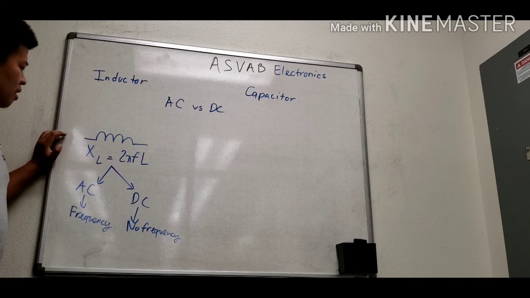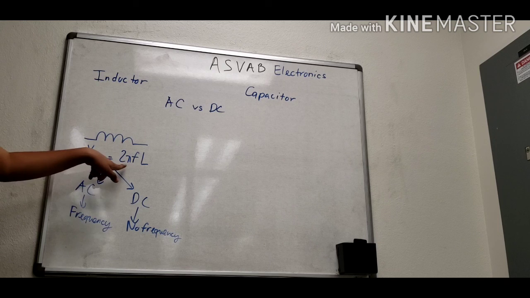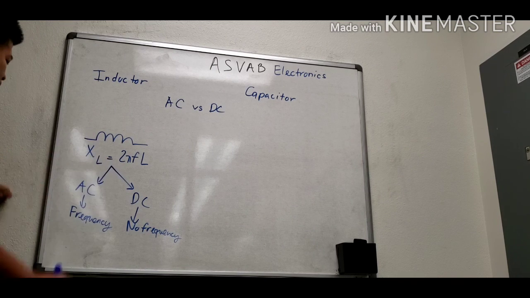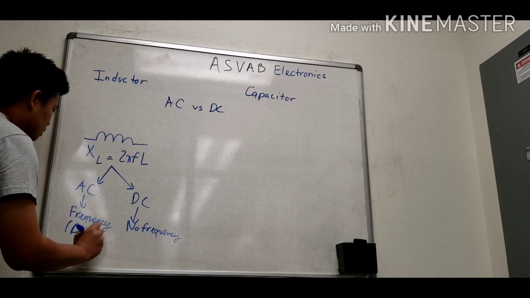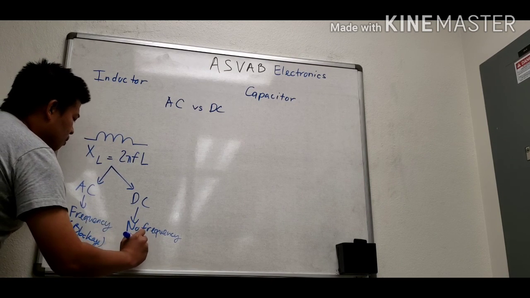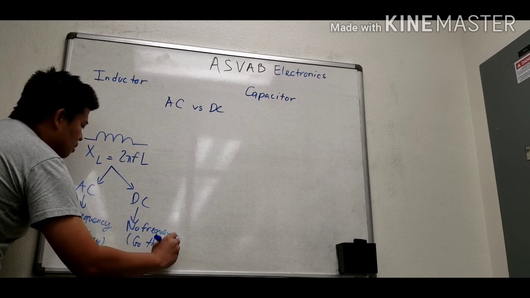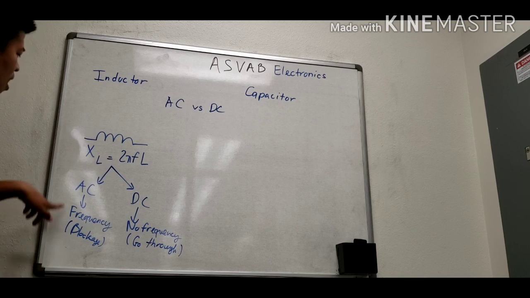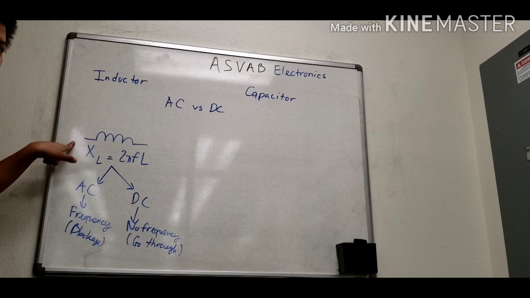So in this formula, from the AC with the frequency in here, this one will be blocked. This one will go through. Because on the AC, if we apply this formula, we can create the resistance of the inductor.